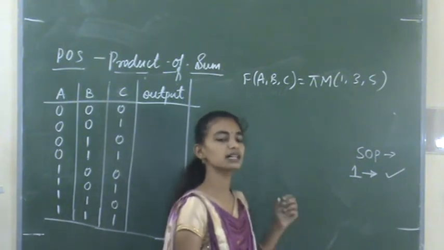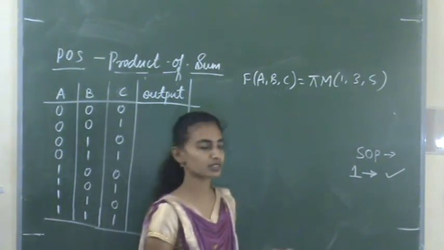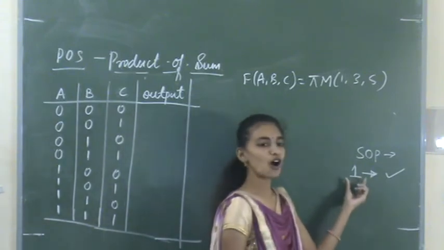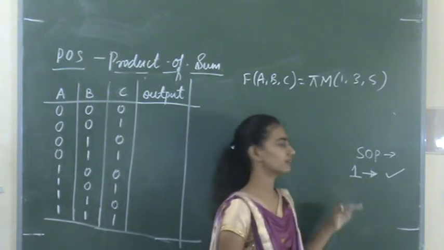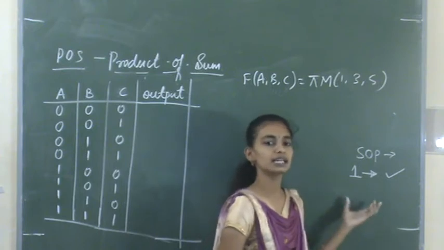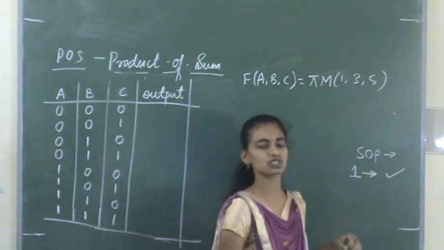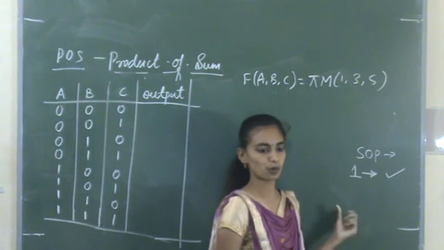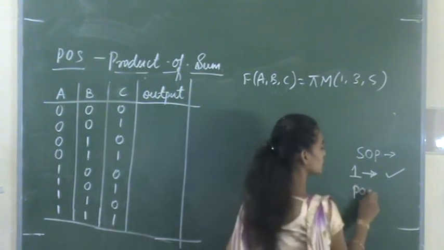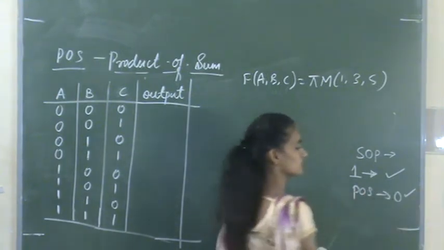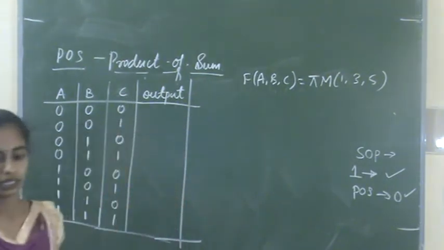To represent the sum of product terms we take the output 1, right? Wherever the output is high, that expression is taken for the SOP. But in POS, wherever the 0 is there, that expression has to be taken.